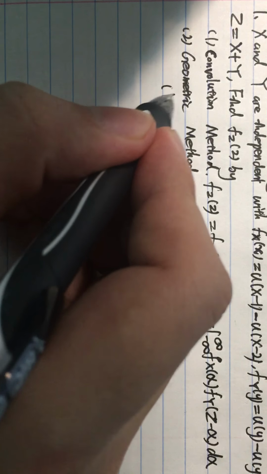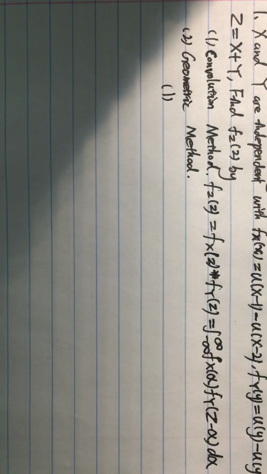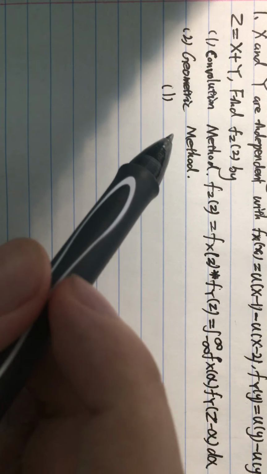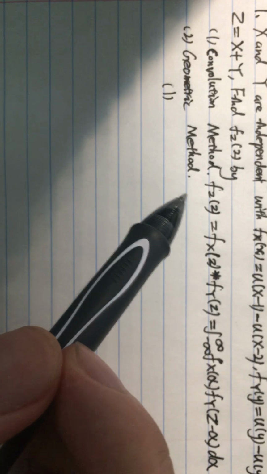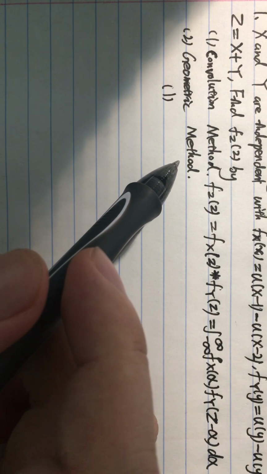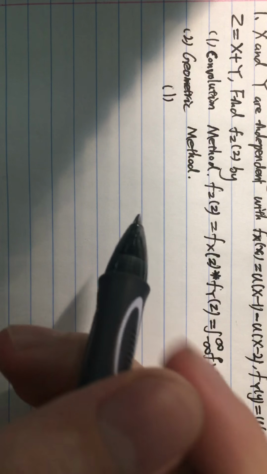First, let's find the density function of z by the convolution method. Let's calculate this first with this.